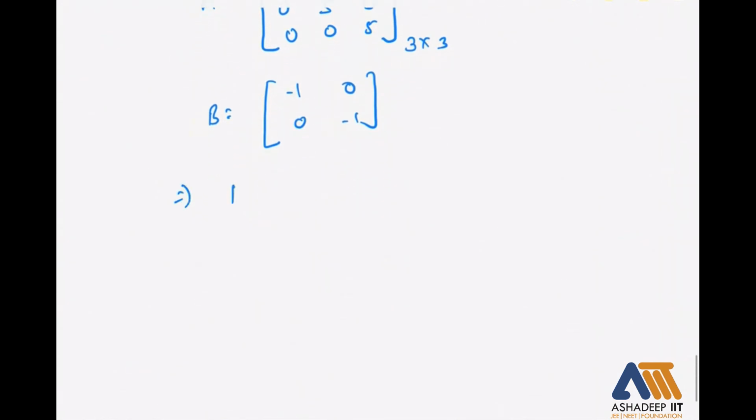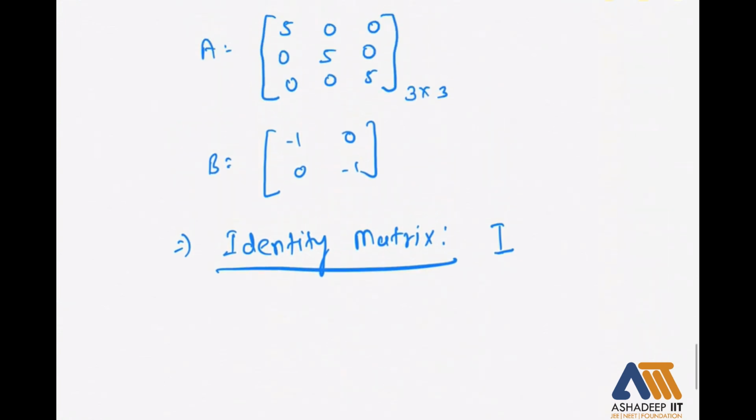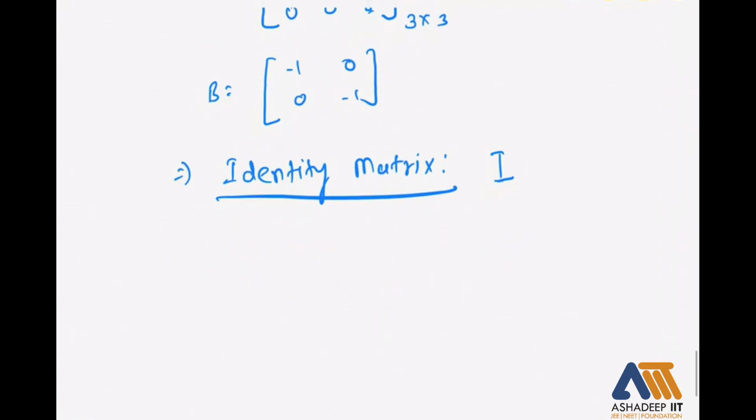Next one is the identity matrix. It is generally denoted by capital I. In the scalar matrix, if diagonal elements are equal to 1, then it is said to be an identity matrix.